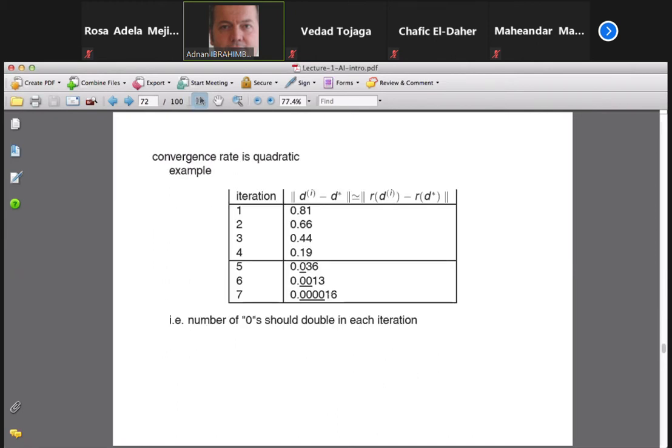These are typical computations I've done for one of these problems. These are the values of the residual. So as you go along, of course, when it gets very small, these are subsequent iterations. Here, 1, 0, then you have 2, then you have 4, next one will be 8, and so on and so forth. So this really is an illustration that Newton method of iterative improvement of the incremental analysis converges very fast.